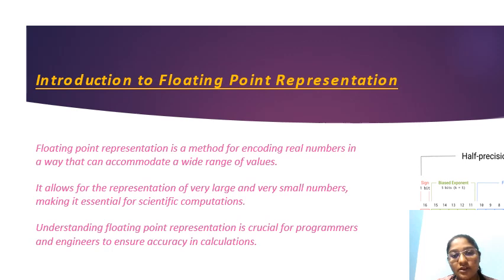It allows for the representation of very large and very small numbers, making it essential for scientific computation. Understanding floating point representation is crucial for programmers and engineers to ensure accuracy in calculation.